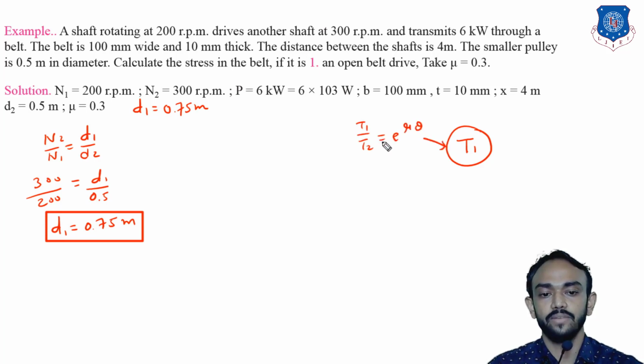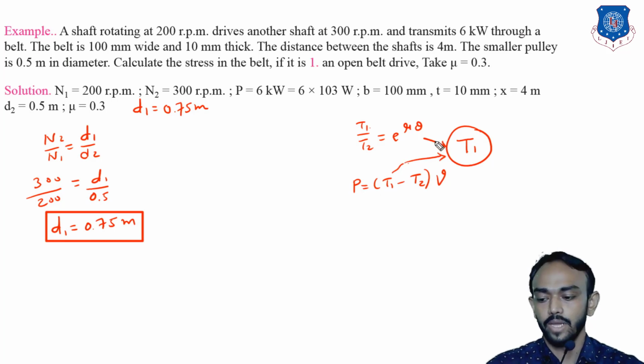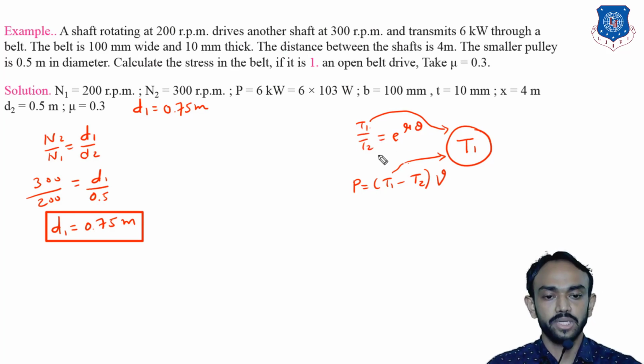And the second is power is equal to T1 minus T2 into velocity. These two formulas contain T1, so we will use both: T1 upon T2 equals e raised to mu theta, and power equals T1 minus T2 into velocity, because power is already given, 6 kilowatt.